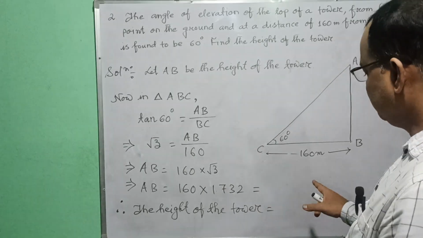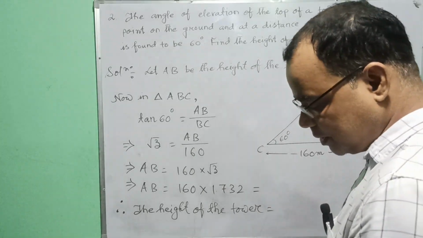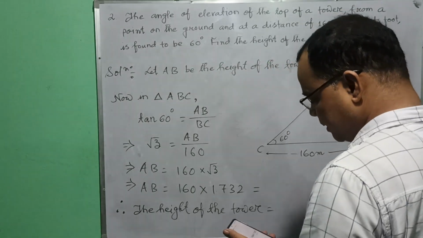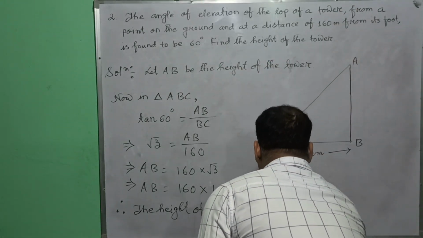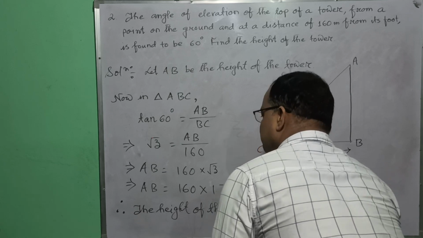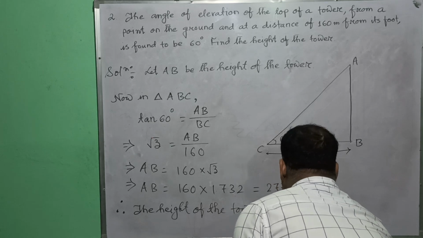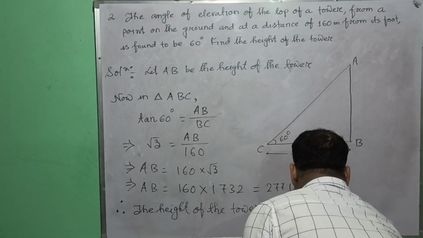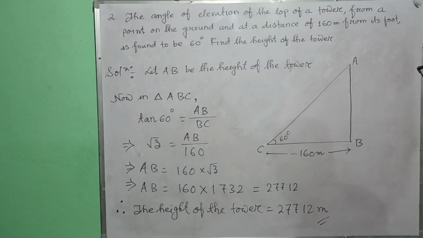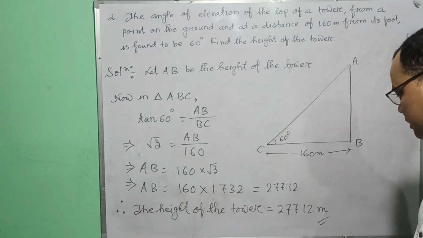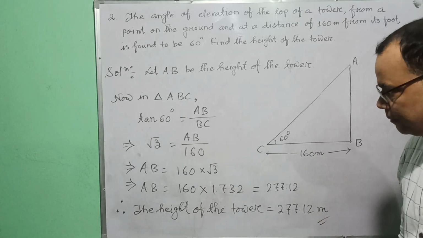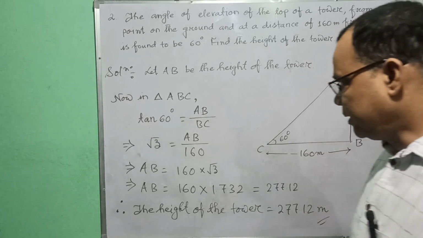Now I am using the calculator, but you have to do it manually. So it is 277.12. So we'll write the answer 277.12 meter. So this is the answer. The height of the tower equal to 277.12 meter. So I think you can understand.